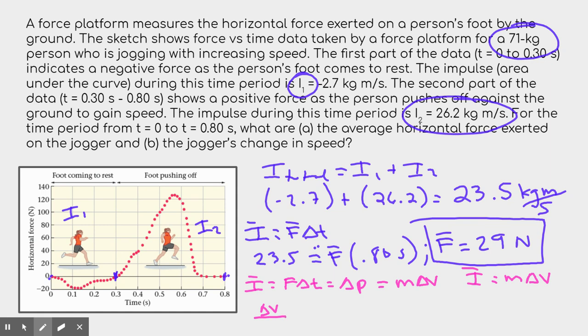Oh, what am I doing? I need to solve for that. The change in velocity is equal to our impulse divided by our mass. Plug in our numbers. We get 23.5 divided by 71 kilograms. We should find our change in speed is 0.33 meters per second. So even though this was very wordy and it involved a graph, this problem was actually not that bad to work.